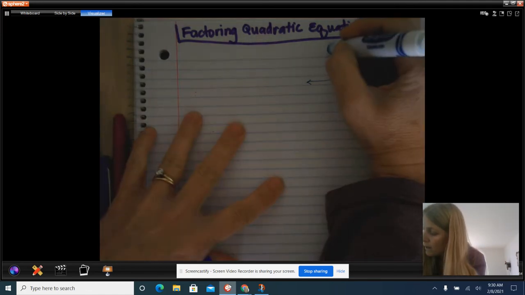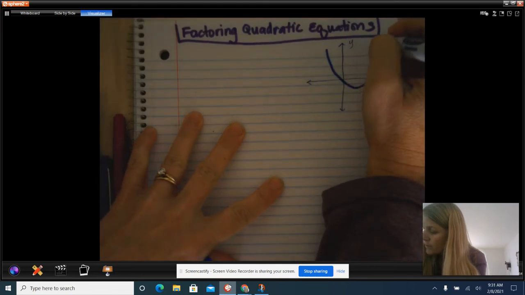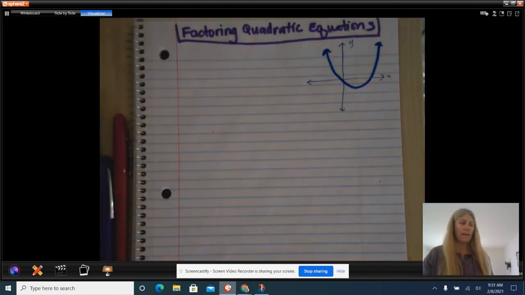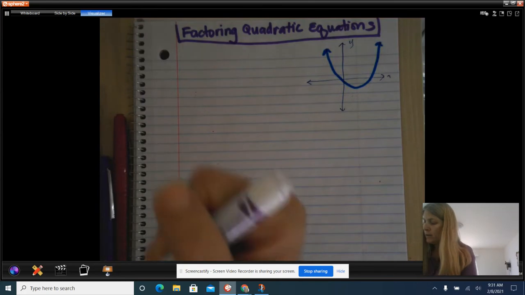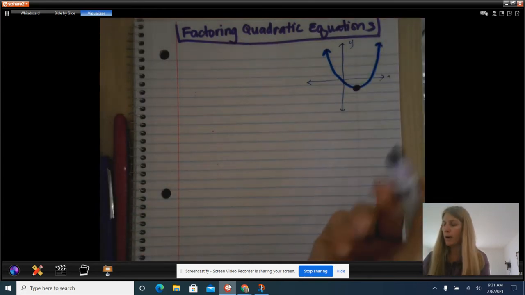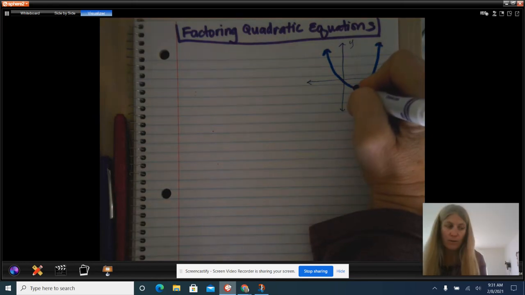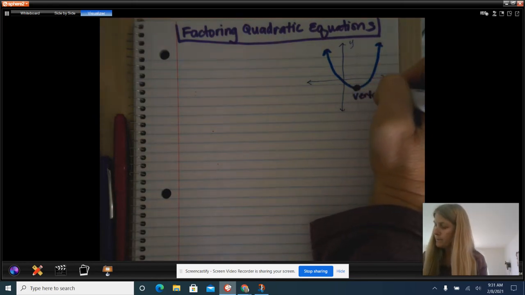We're going to make it a smooth curve. It's symmetrical on both sides. Okay, and we're going to name the different parts. So what we're looking at is this point right here, which is the lowest or the highest if it's an upside down parabola. This is called the vertex of your parabola.